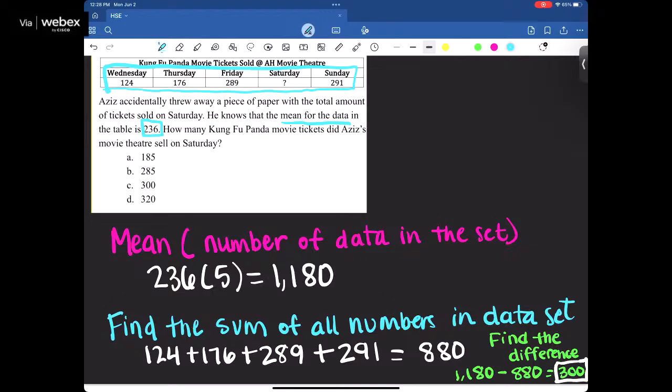As we can see, it is also one of our answer choices. Follow these 3 steps. Step number 1, take the mean and multiply it by the number in the data set. Step number 2, find the sum of all the numbers in the data set. Step number 3, find the difference between those 2 numbers.